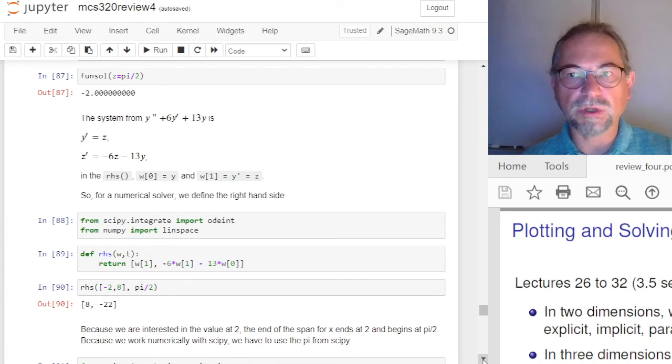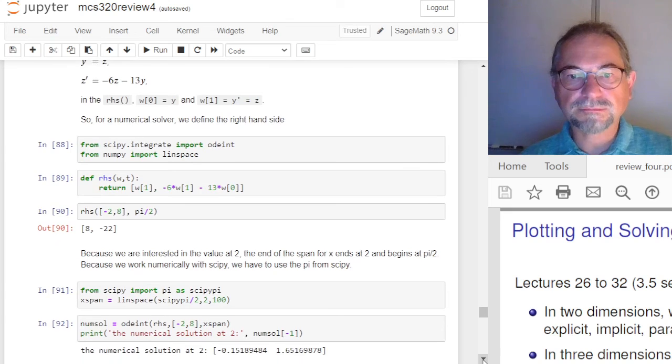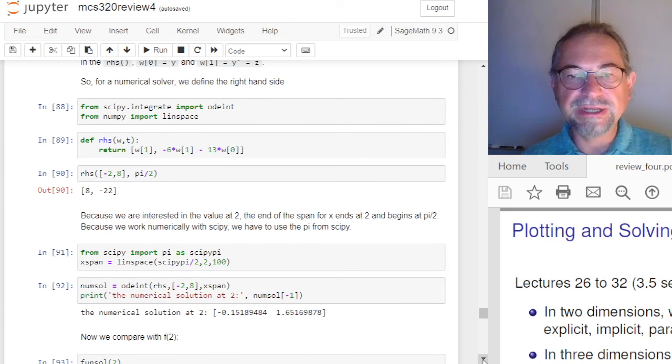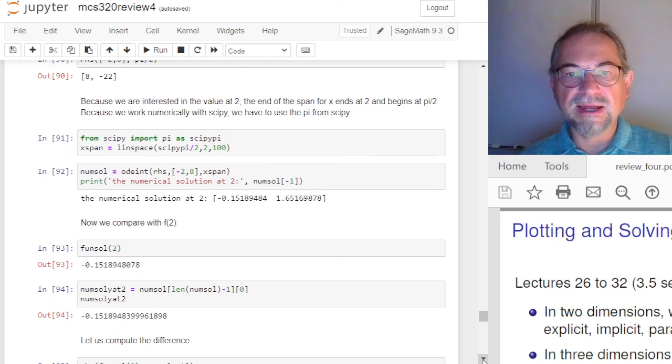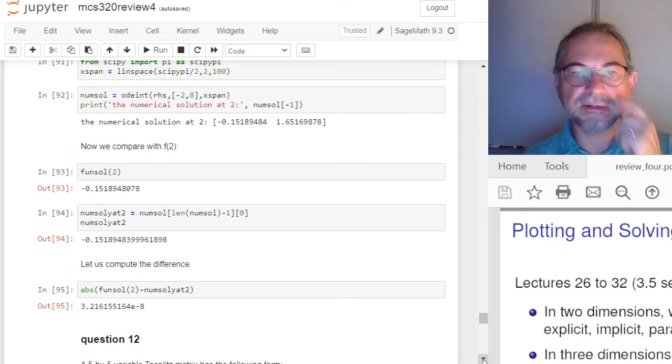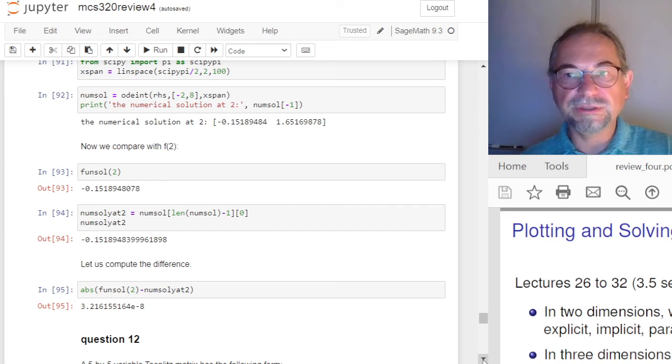SciPy may have other ones. What is important here is that you have to define a range. So we are starting from pi over 2 to 2. That's the interval, and I'm using 100 points, and then we get the last value there. And we can compare with the function that we defined from the symbolic solution.